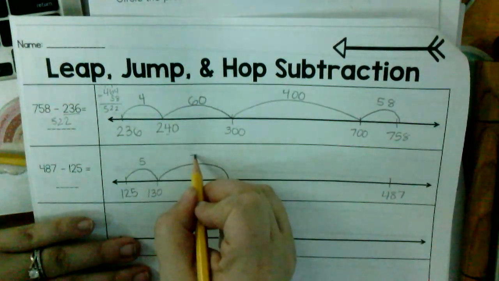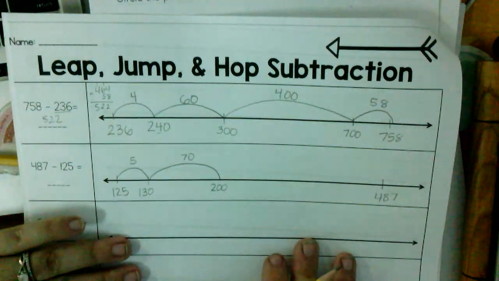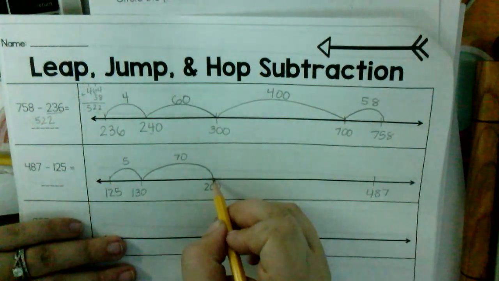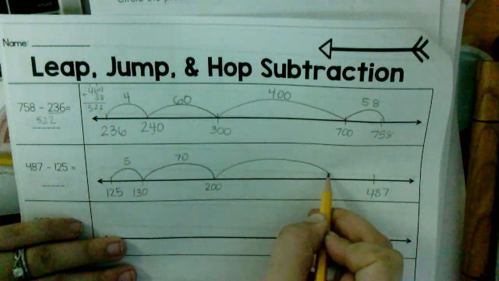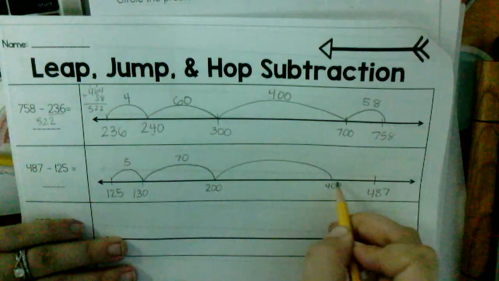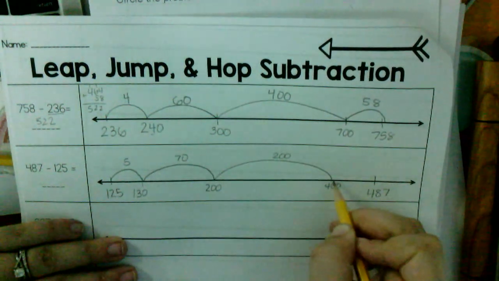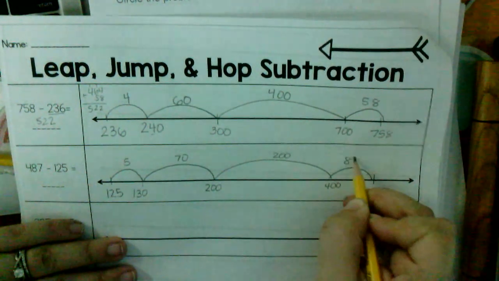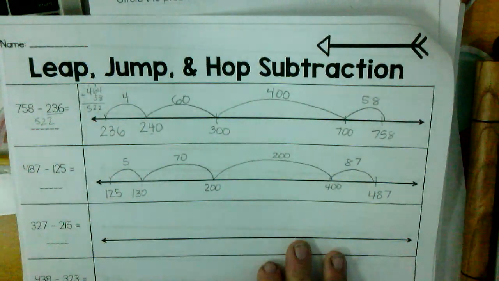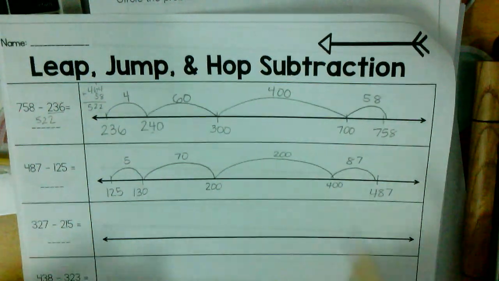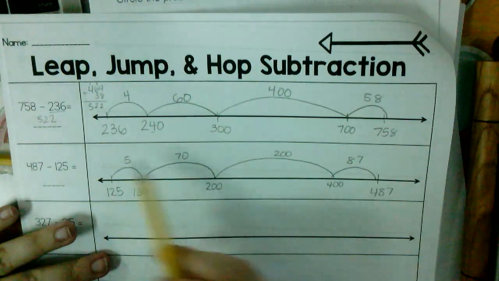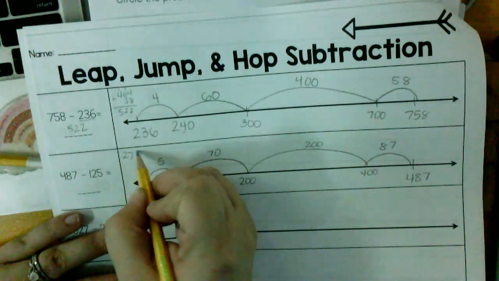So I need 70 more. Then from 200, let's get up to 400. And then the last amount, 87. Then we're going to add all those up. So 275 plus 87.